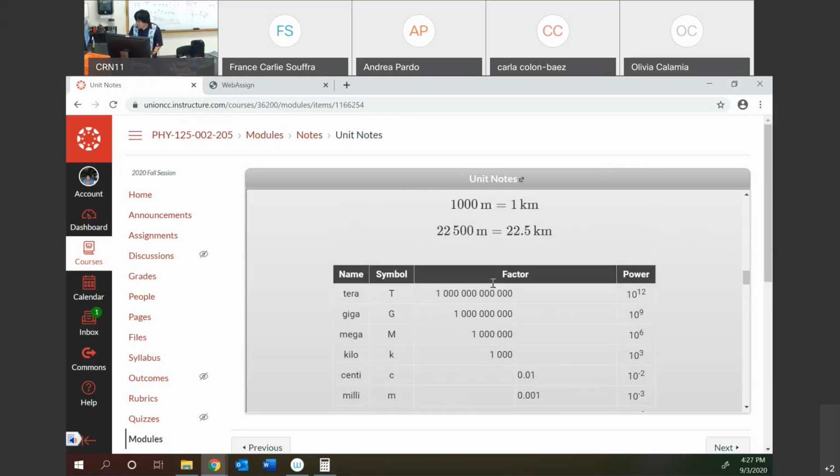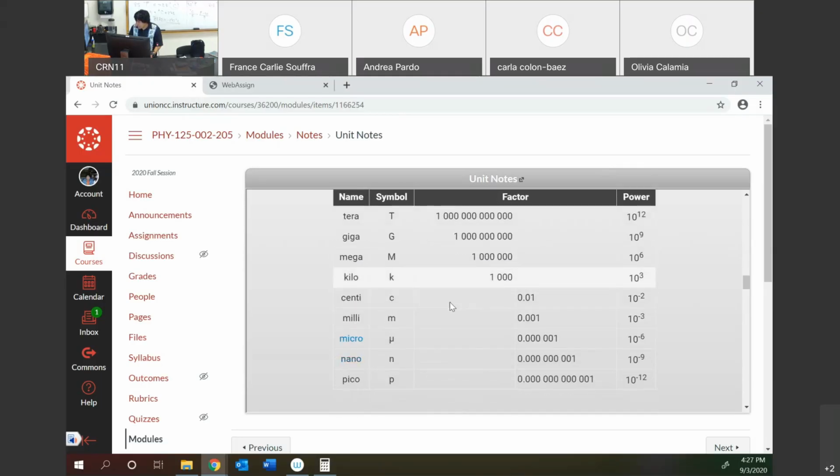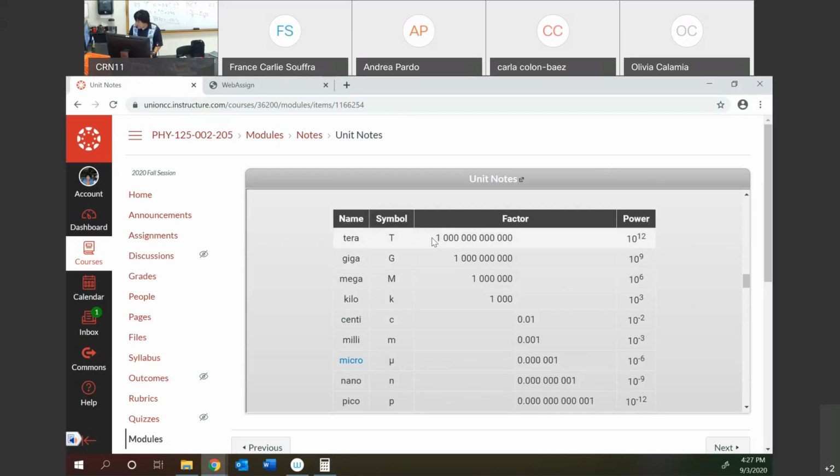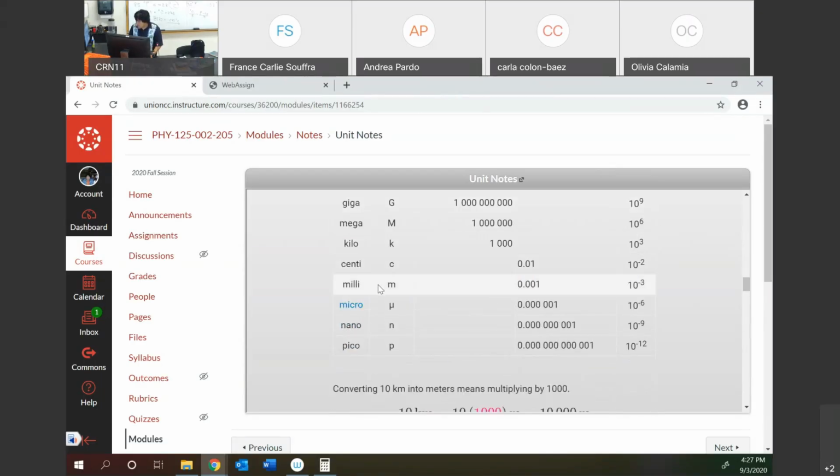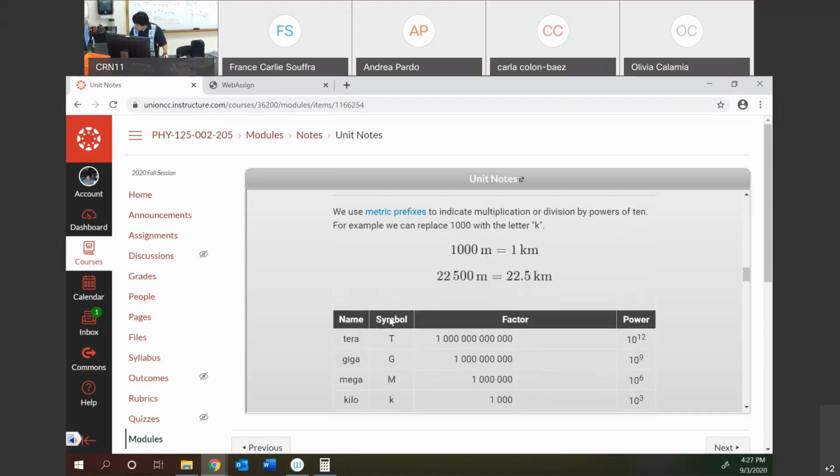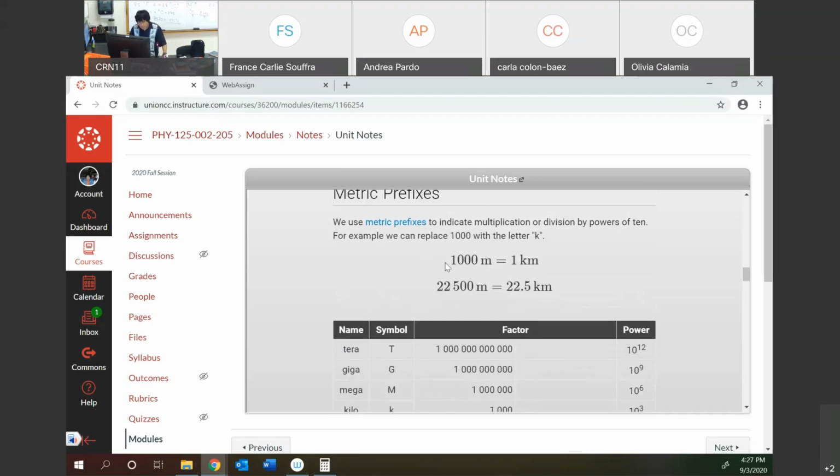How we use prefixes. We are not going to be using probably teras, gigas. What we're going to using the most is kilo, centi, mega, right? And milli, maybe microns as well, all right? So let's go into how we use prefixes, all right?